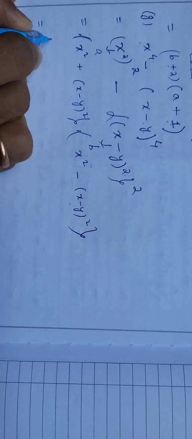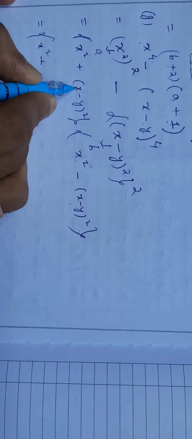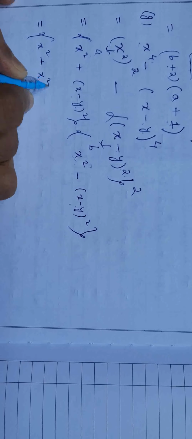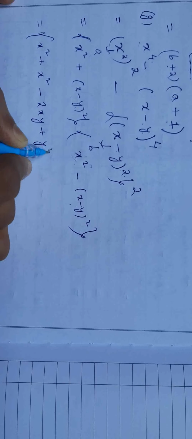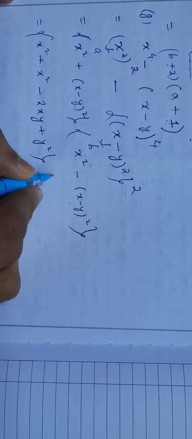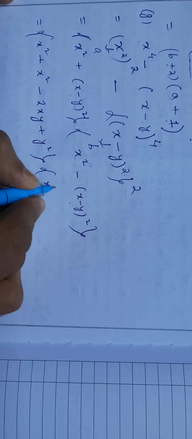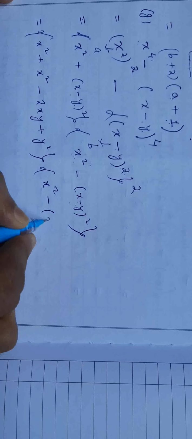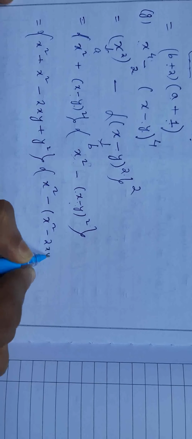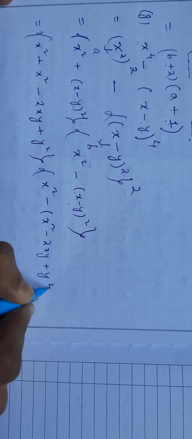Which can be further written as x square plus x minus y whole square, times x square minus x minus y whole square. So a minus b whole square, we know it is a square minus twice ab plus b square.